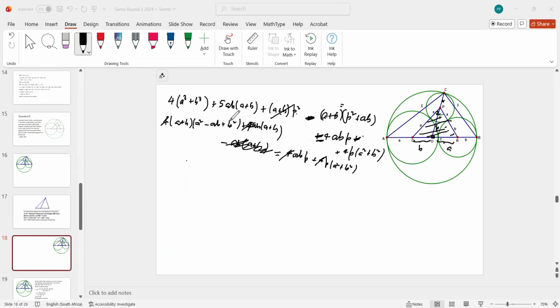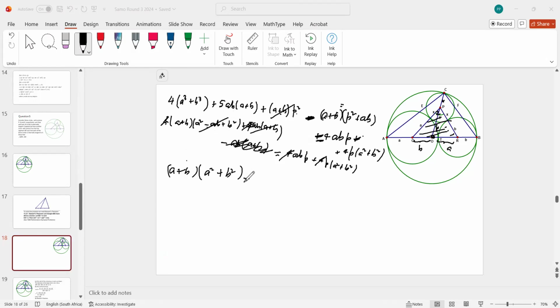Right? What am I left with? Now I got a plus b as a common factor here. And here you got a squared minus ab, the 4 goes off, plus ab plus b squared. A squared minus ab plus b squared plus ab. So all this goes off now.